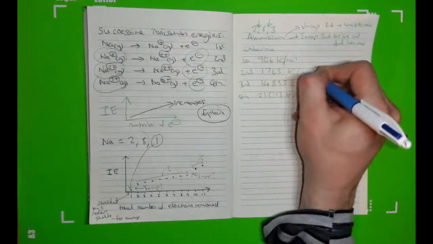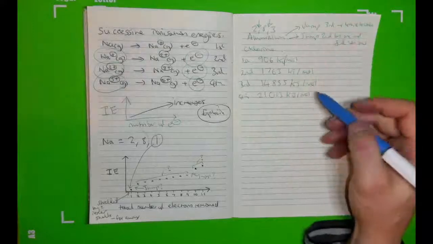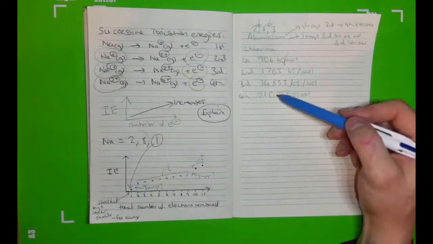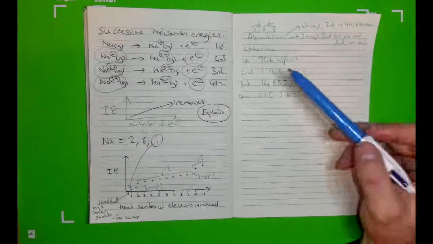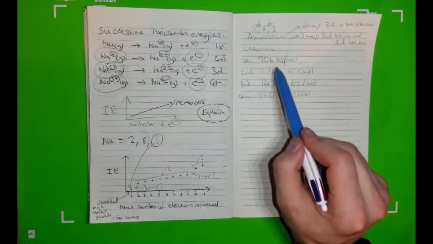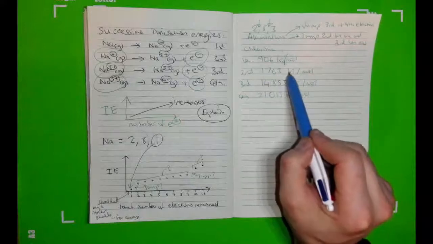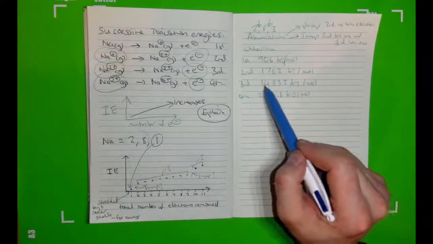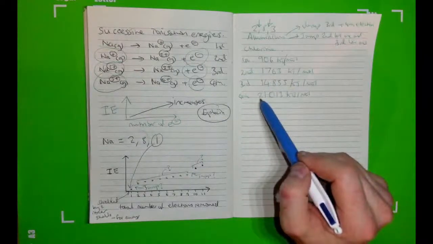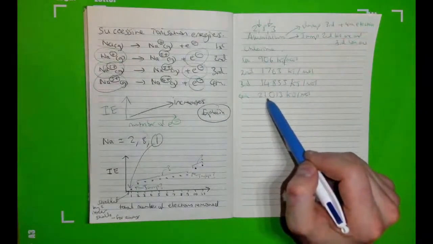Can't be chlorine, can it? Can't be in group 7, this one here. But we can work out what group it's in. And the way you work out what group something's in is you look at the ionization energies and you can see where the big jumps are. So let's ignore all of these numbers here. They're not significant. Let's look at how many hundreds we've got. So this is 900, 1700, 14800, or you could say 14,000 or 15,000, and 21,000.